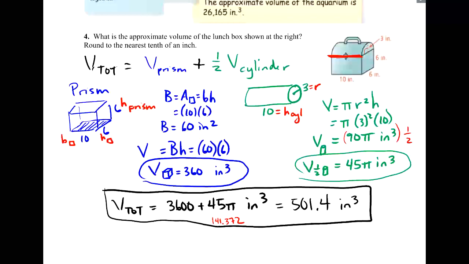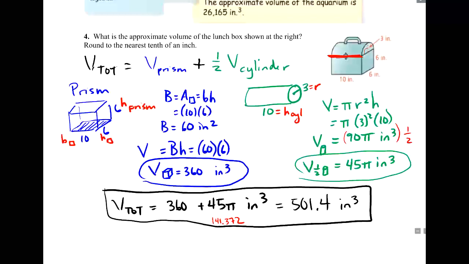Now I'm going to put those in. My total volume is 360 plus 45 pi inches cubed. That would be in terms of pi.